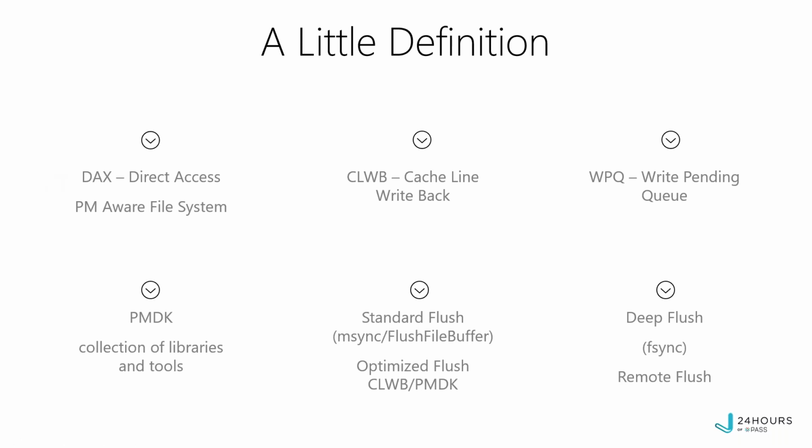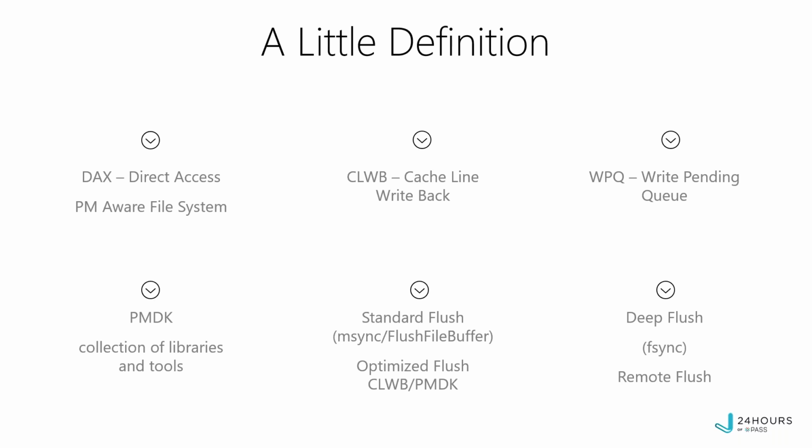Each one of those layers will have to have some kind of support for persistent memory. So let's talk a little bit about definitions and terms that you're going to read and hear about all day long, and from now on, as persistent memory starts to pick up steam.